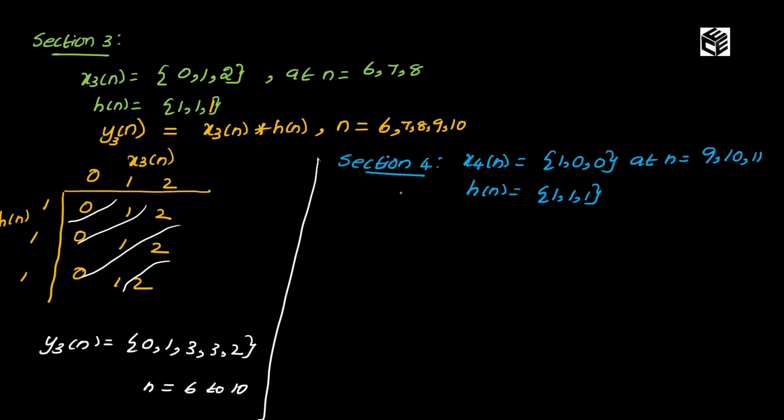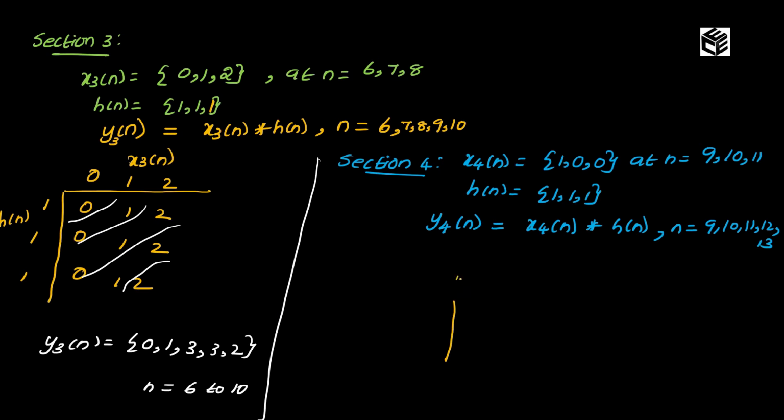Now I am going to perform convolution for the fourth section. Here x4 of n is 1, 0, 0 and my n value starts at 9, and the h of n value is provided here. The output of this section will be y4 of n, which is equal to x4 of n convolved with h of n, and my n value will be 9, 10, 11, 12, 13.